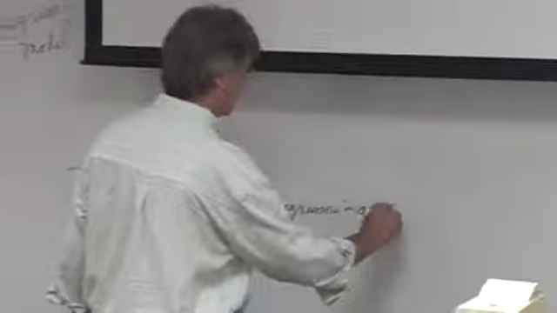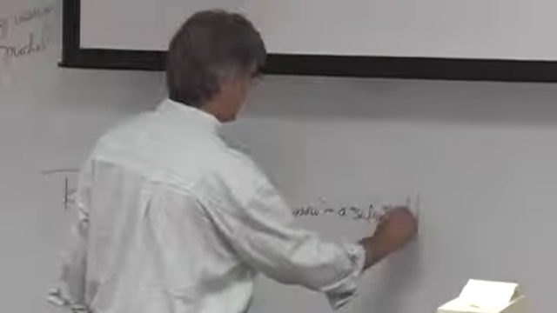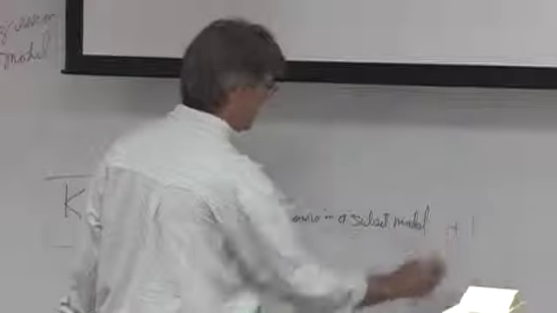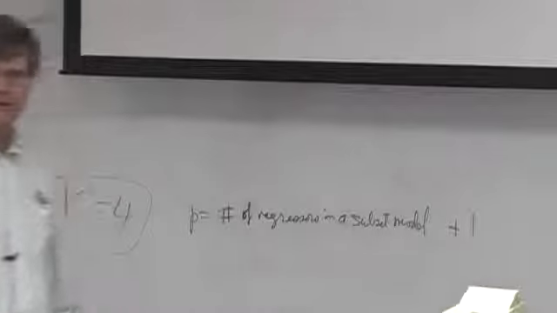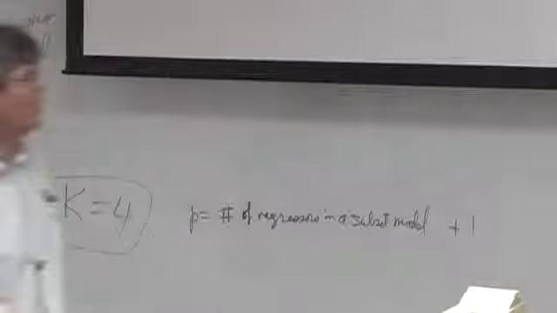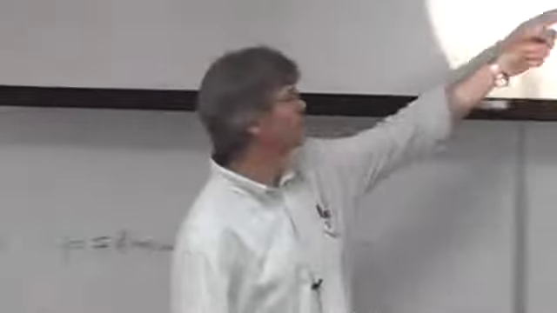And what's P? P equals the number of columns in the subset X matrix. It is the number of regressors in a subset model plus 1, plus the intercept. So P is 1 if there's only an intercept.